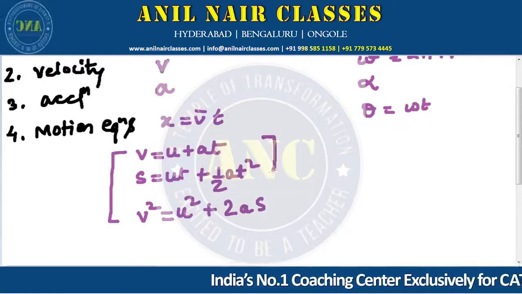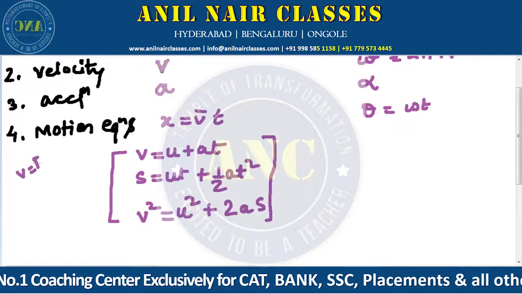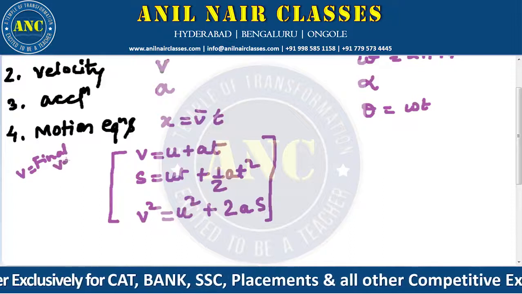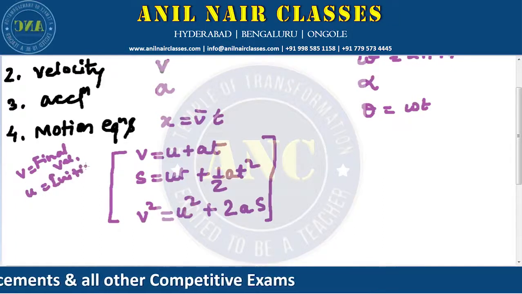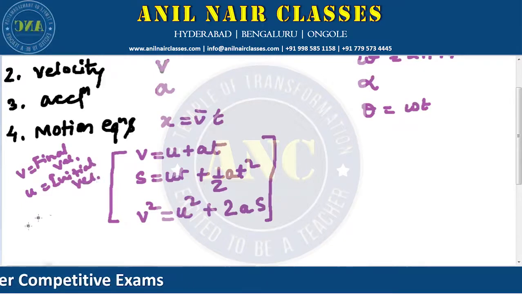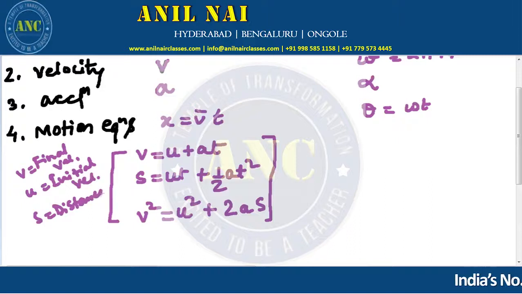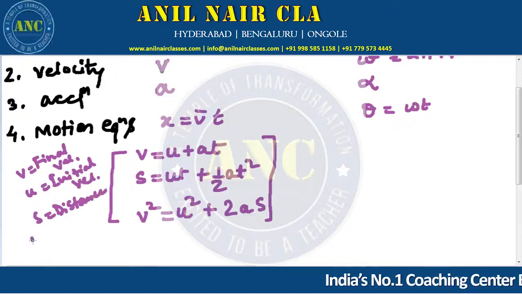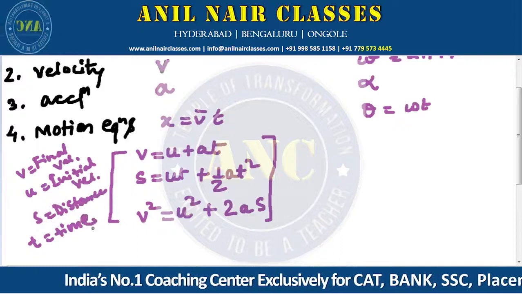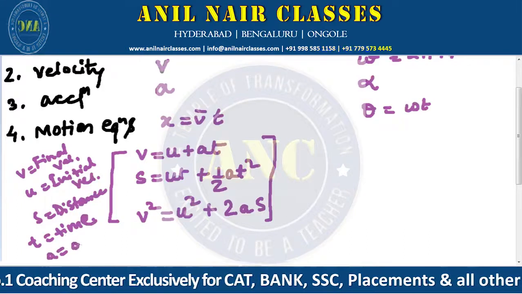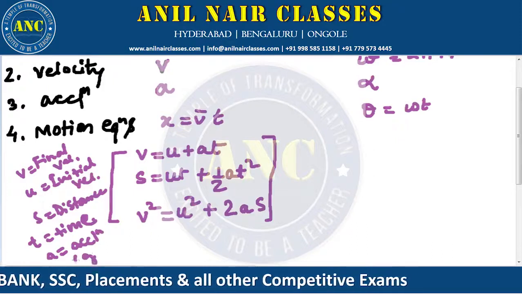This is the equation we can form from this, where v is the final velocity, u is initial velocity, s is distance, t is time, and a is acceleration due to gravity, or you can say g.